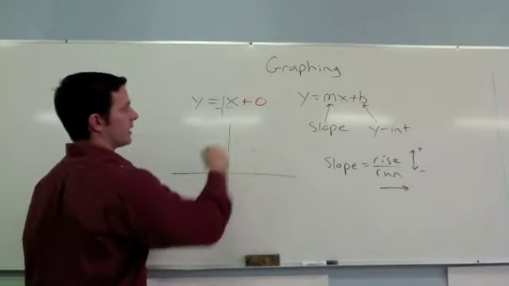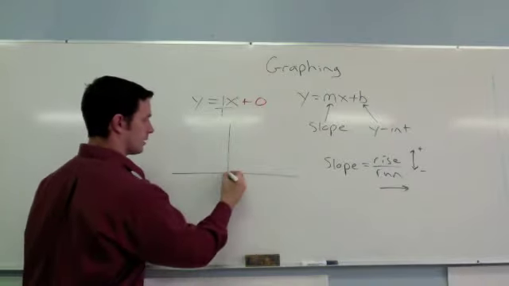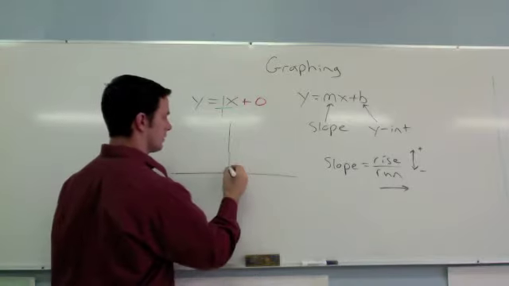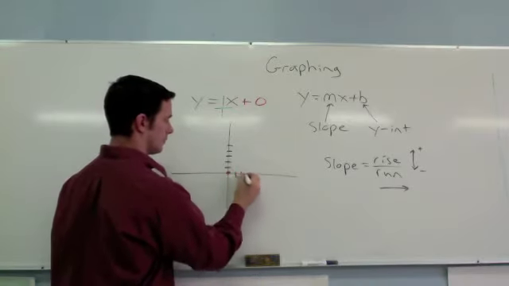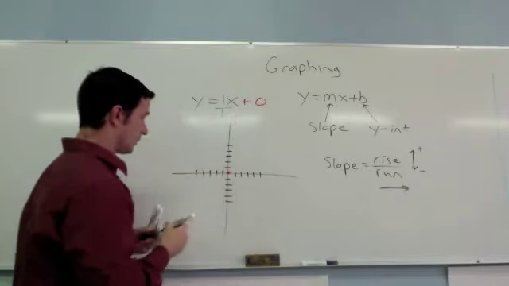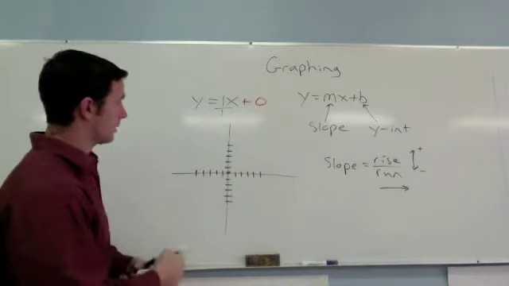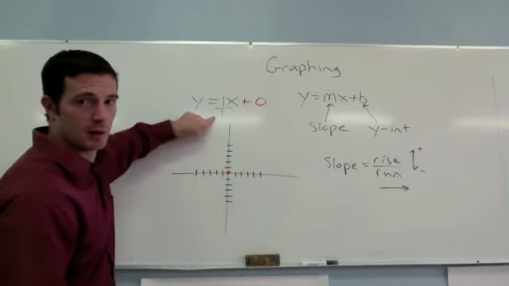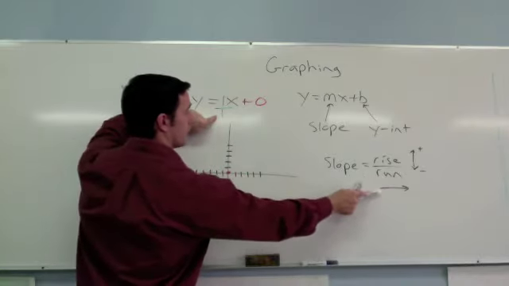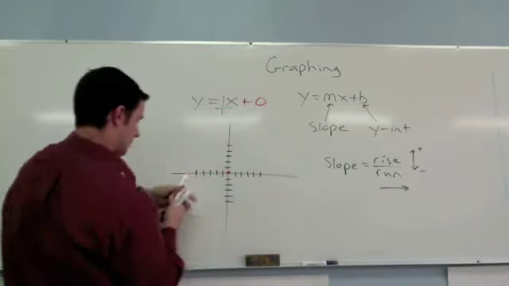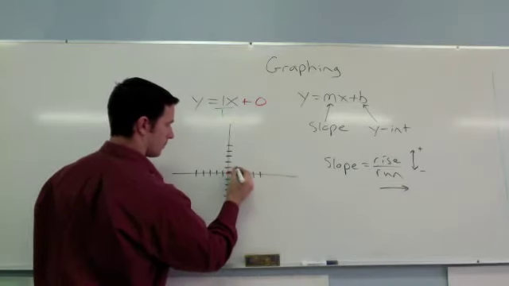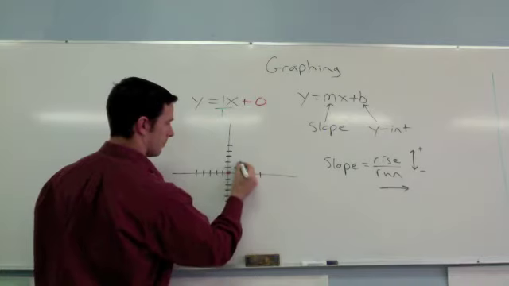So starting with my y-intercept, start here at 0. From this, my slope tells me the bottom number is my run. So I'm going to go over 1 and then up 1. Over 1, up 1.